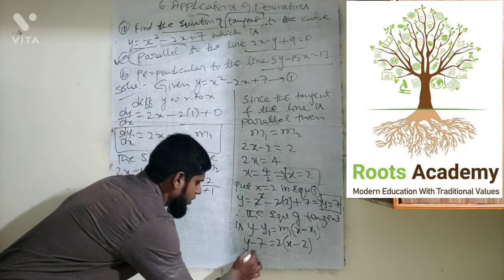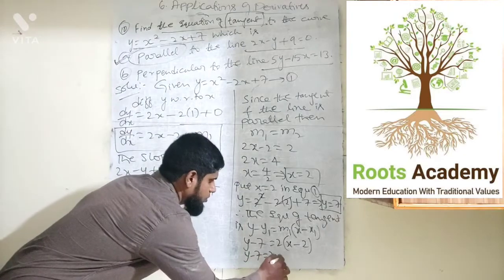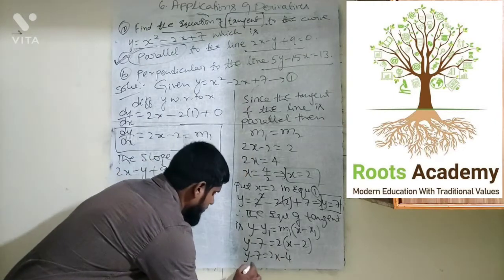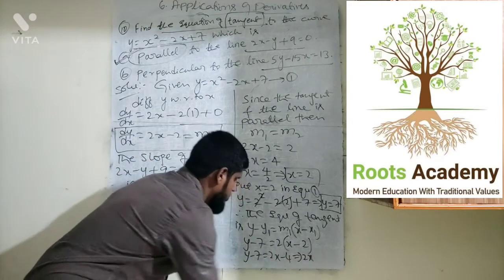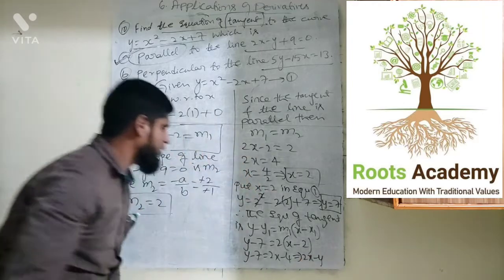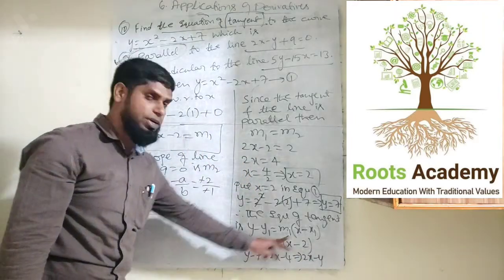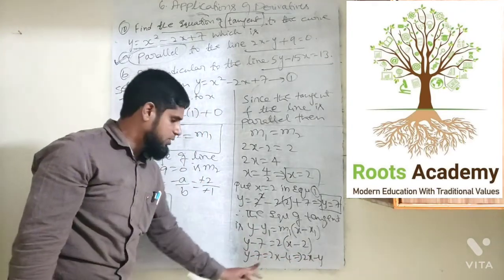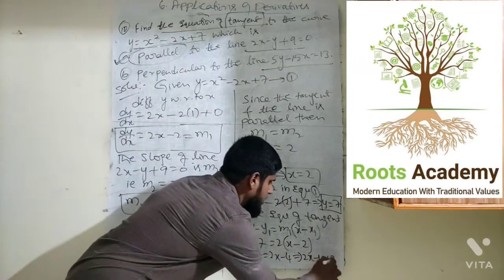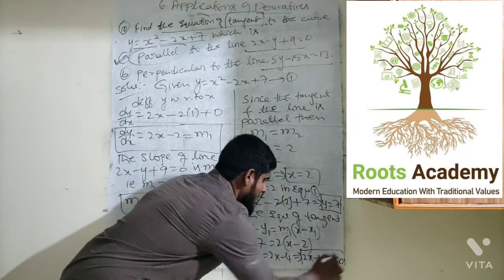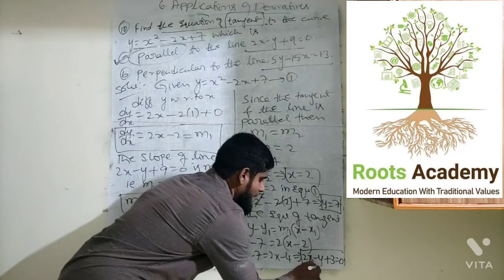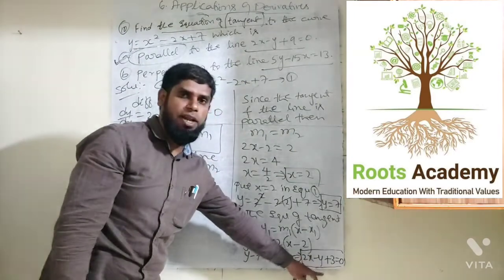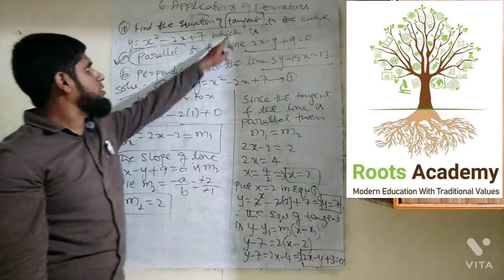So this becomes y minus 7 is equal to 2x minus 4. So finally this becomes 2x minus y, shifting y minus 7 to the other side, so y changes its sign to minus y. Then this 7 becomes plus 7 minus 4, which is plus 3, is equal to 0. So this is the equation of tangent, and the line is parallel to this tangent.